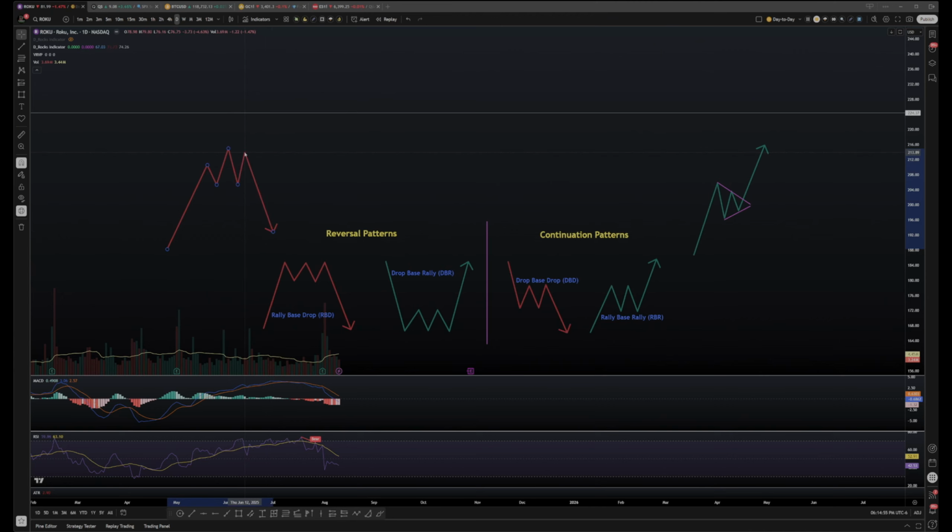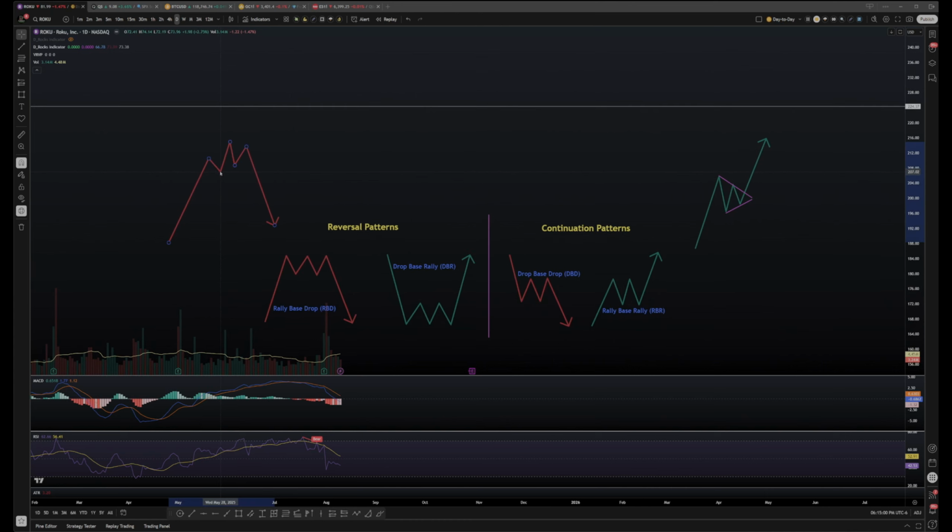It might be easier for me to just draw a new one at this point, to be honest. Let's see here. Yeah, let's just draw a new one. That was not going to work out here. Okay, so price does a little bit of one of these. We're basing here, right? It rallied, and now we're going to base.